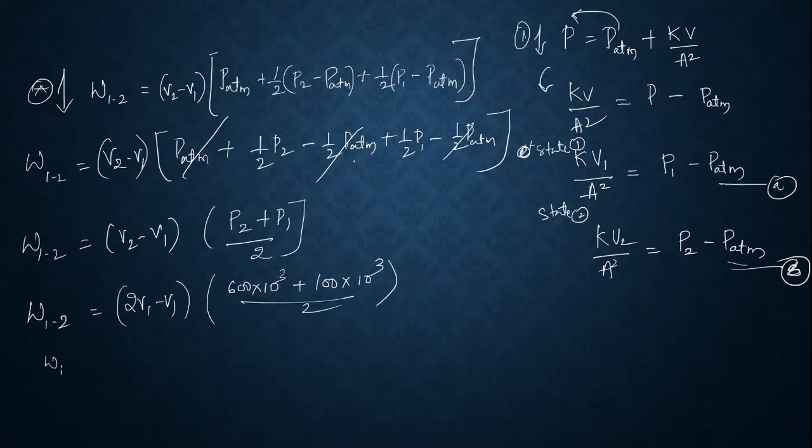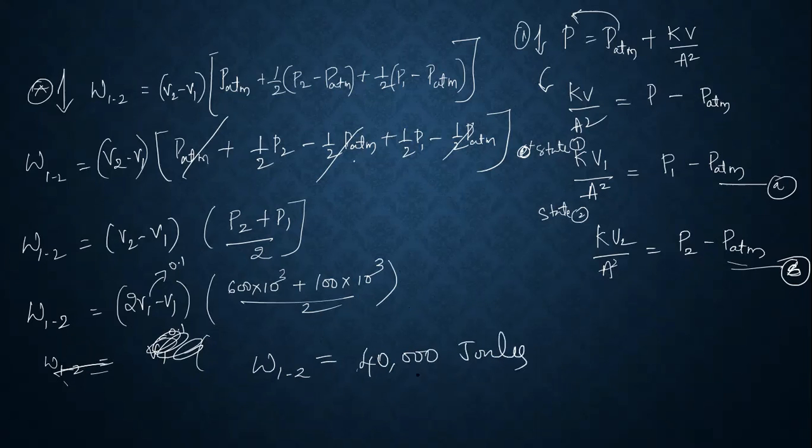This is W1 to 2. 2V1 minus V1 is V1, and V1 is 0.1. For W1 to 2, you will get the final value of 40,000 joules, or you can write 40 kilojoules.